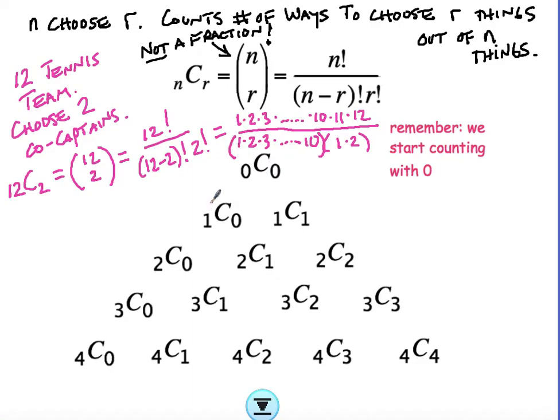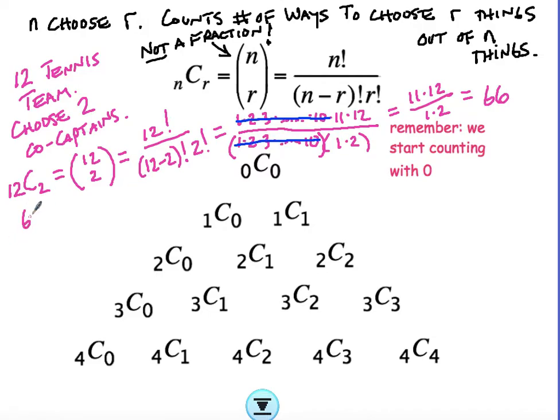Okay, well, if I cancel, let me get a different color, I can cancel the 1 through 10 and the 1 through 10 on top and bottom. And then I'll be just left with 11 times 12 on the top and 1 times 2 on the bottom. And then when I type that in my calculator, I get 66.